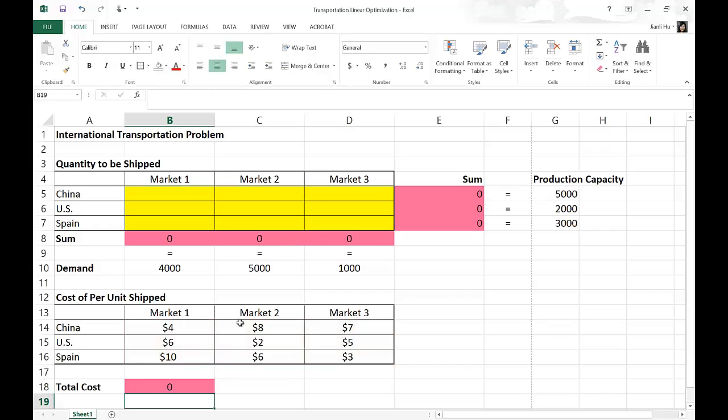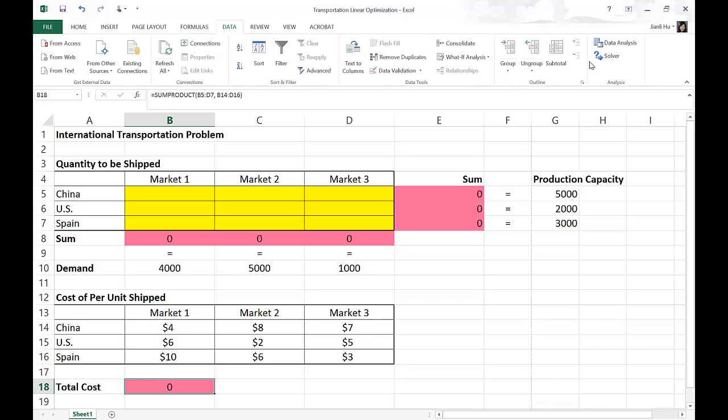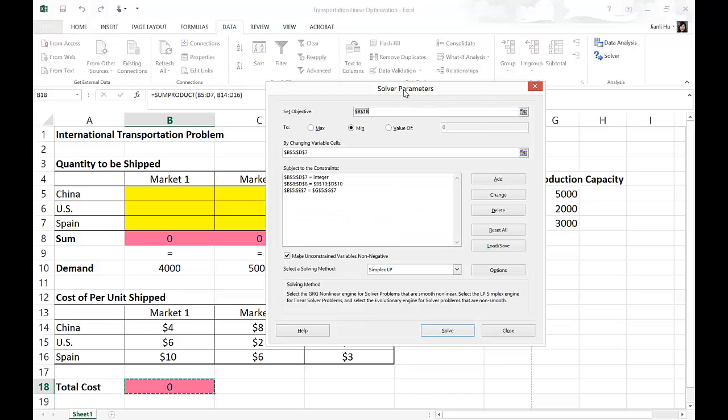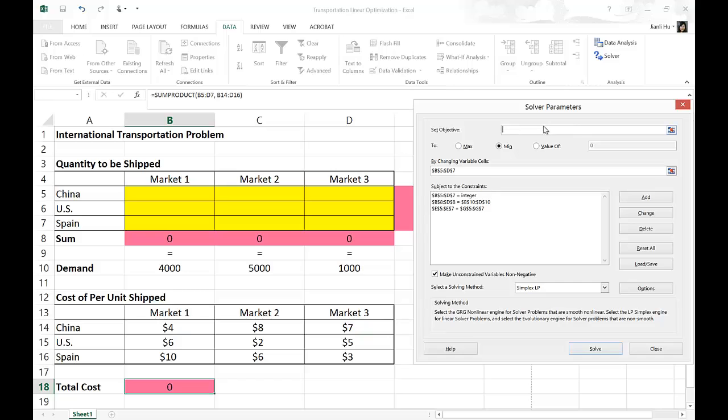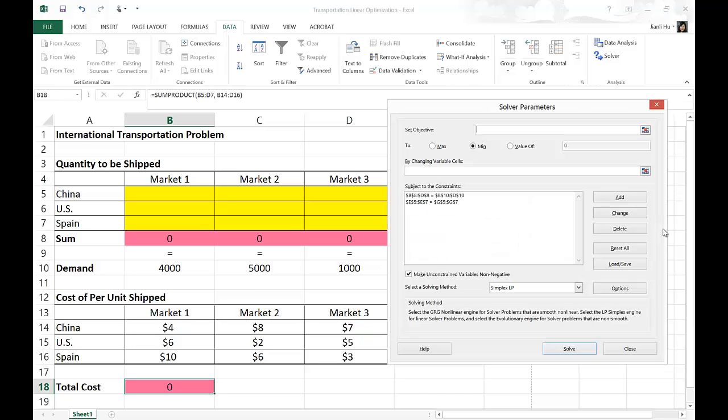All right, so once we enter all the numbers in the pink cell, then we can use Solver to help us find the solution. If you have a PC, go under Data and you're going to see the Solver button. For the Solver button, I already tried one time, so let me delete the information I had before.